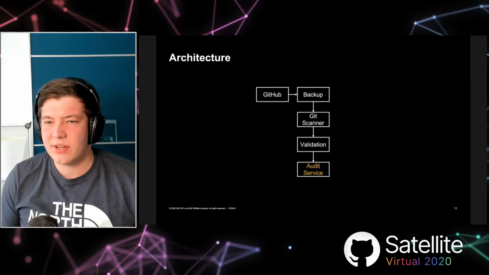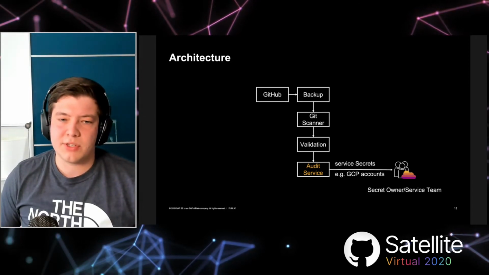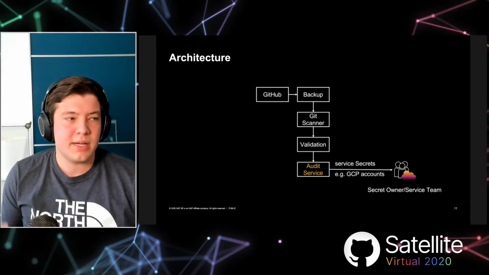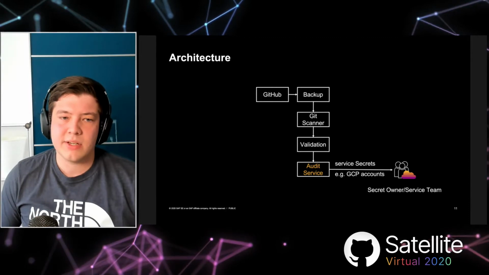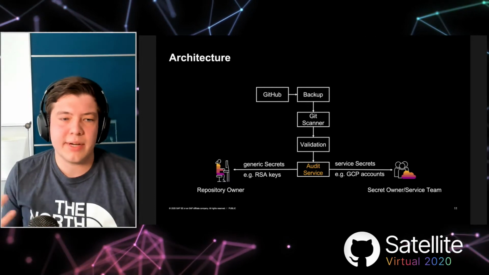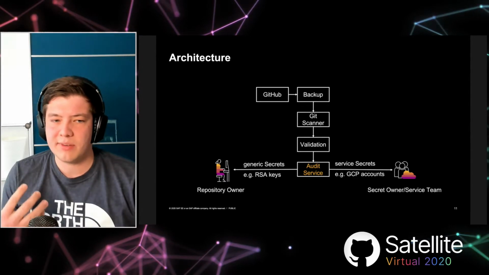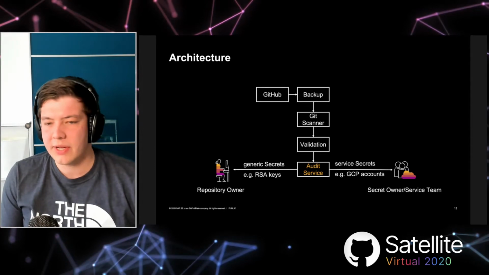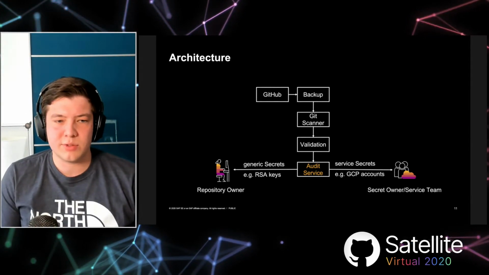We called it audit service, which takes in these findings and then notifies the responsible service owners, meaning, if we can identify them, cloud account owners, Slack owners, and things like that. Or in case of more generic secrets, like the RSA keys or private keys or even passwords, we opted to notify the responsible repository owner so they can review them and decide if they want to mitigate them.